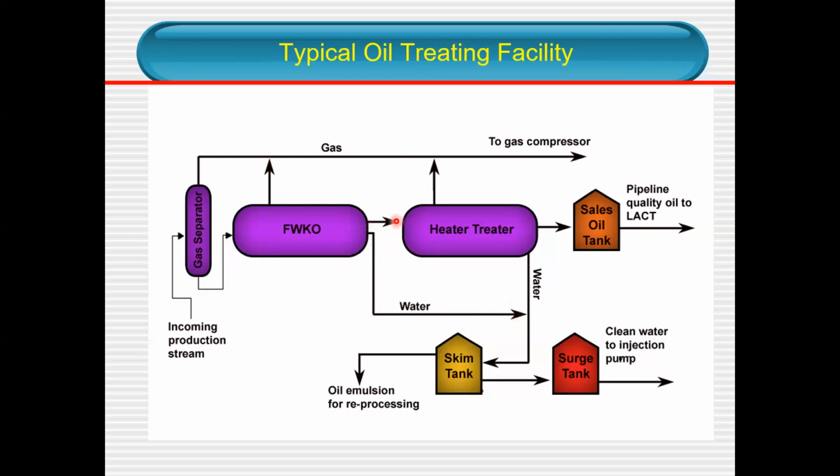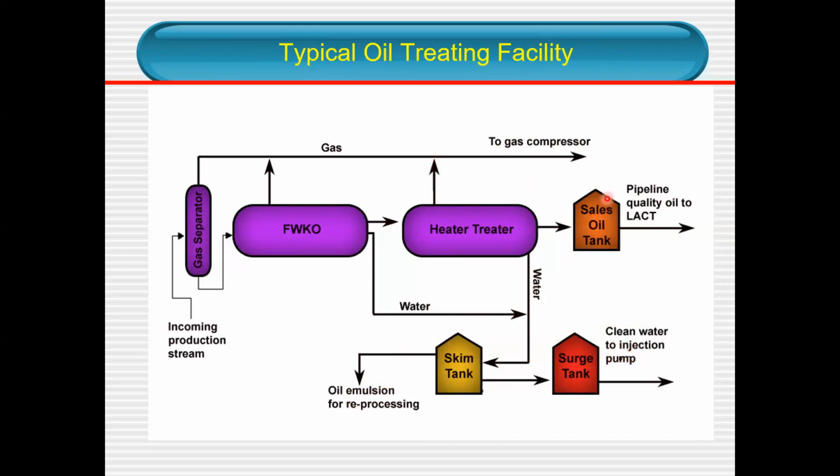And what is this? These are basically the emulsified fluid, which contains water and oil. It goes through the heater treater. Again, the gas goes to the top, and water goes to the bottom, to the skim tank, and then it goes through a process, whether you want to pump it back to the well, throw it overboard, or clean it for different purposes.